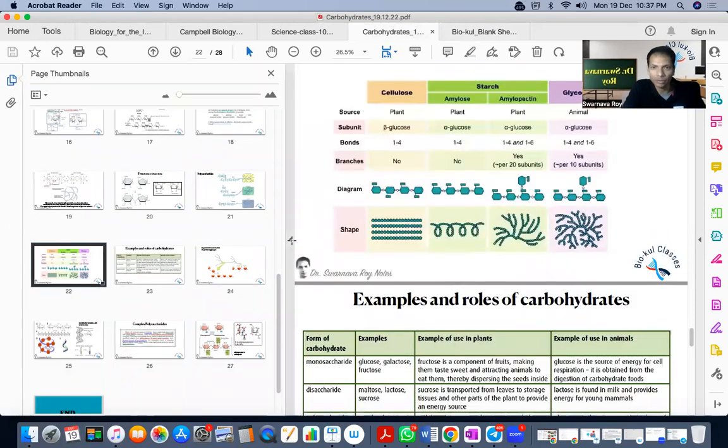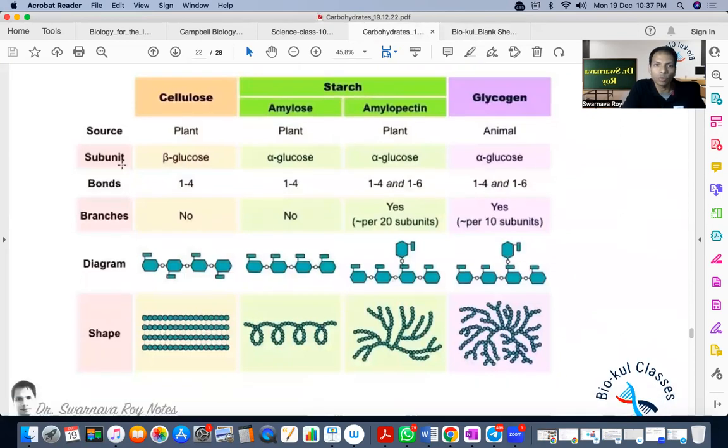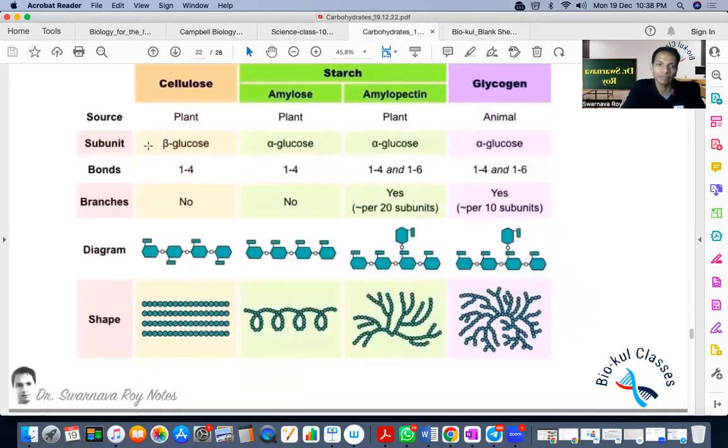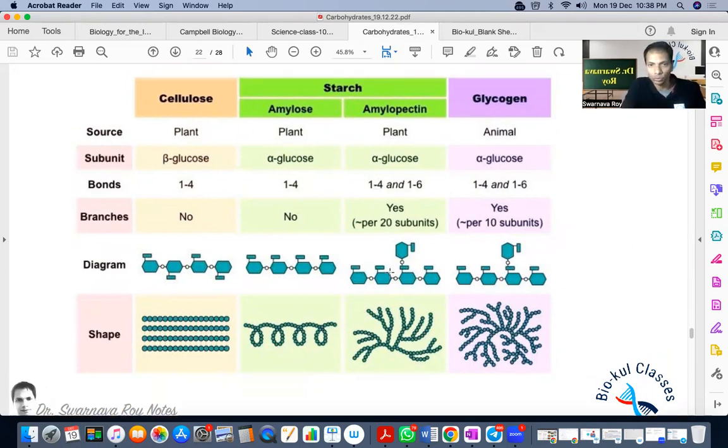So now we know what is a beta glucose, what's an alpha glucose. If the OH is above the plane, it's a beta glucose. If it's below the plane, then it is the alpha glucose.